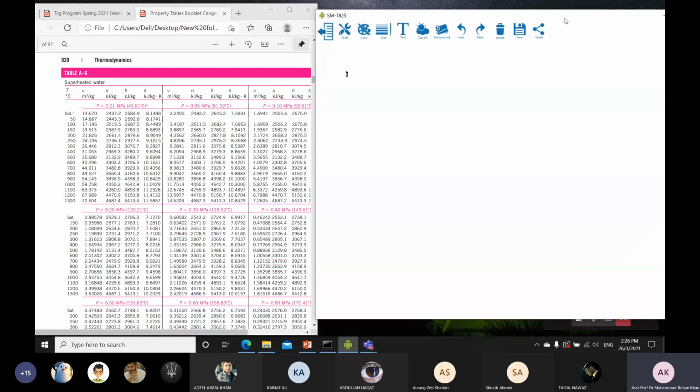For the interpolation, you have to find the temperature you are interested in. The initial temperature is 50.